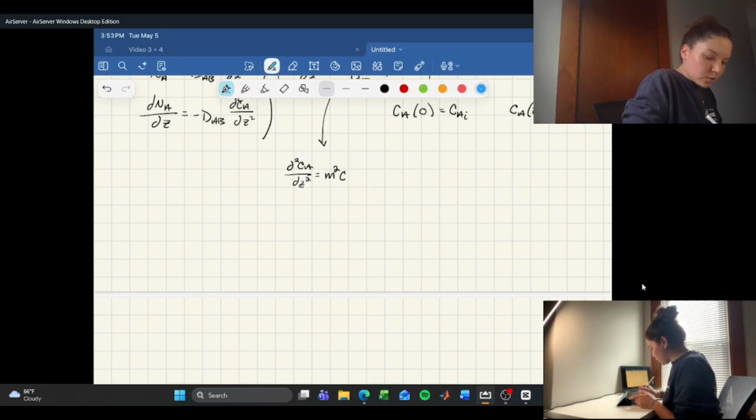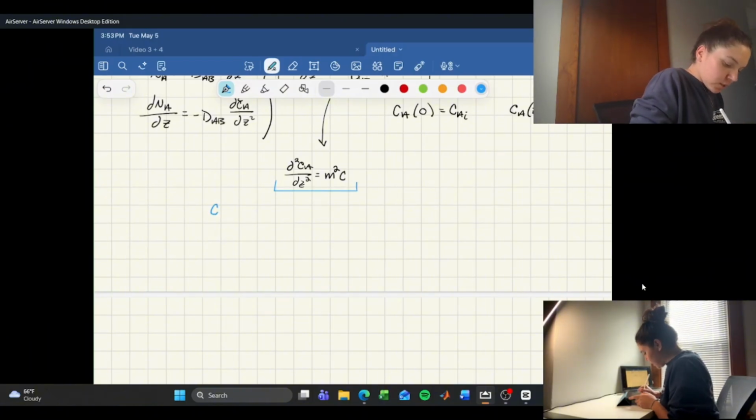So now we get to solve this differential equation. We get that C is equal to some constant A times the hyperbolic sine of mz plus some constant times the hyperbolic cosine of mz.